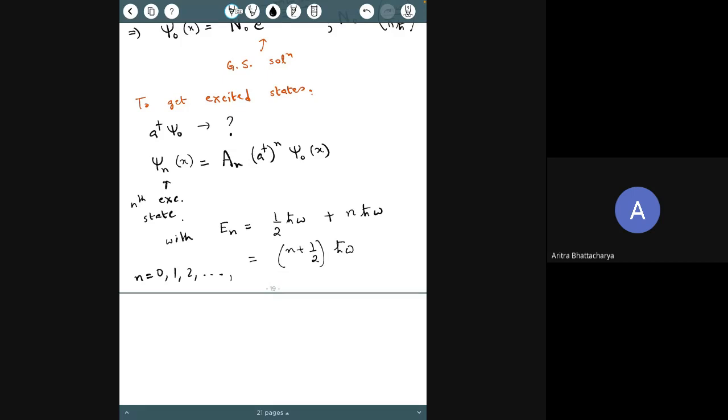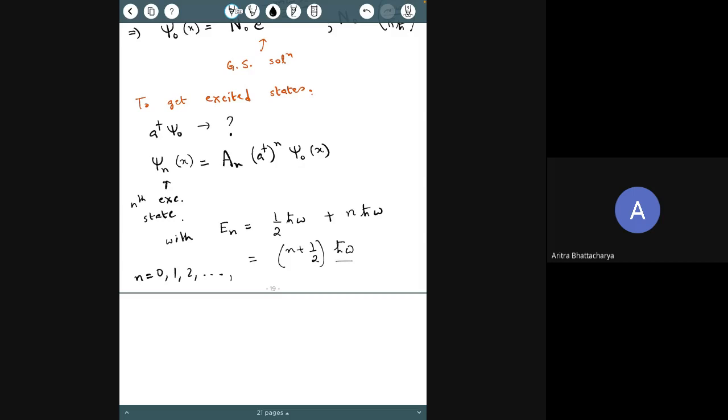So remember I had said that in particle in a 1D box, n is starting from 1, but in different problems it can start from a different number. So already in the harmonic oscillator, the lowest energy corresponds to n equal to 0. And then you have the first excited state with n equal to 1. And also the gaps between the energy states are exactly the same.